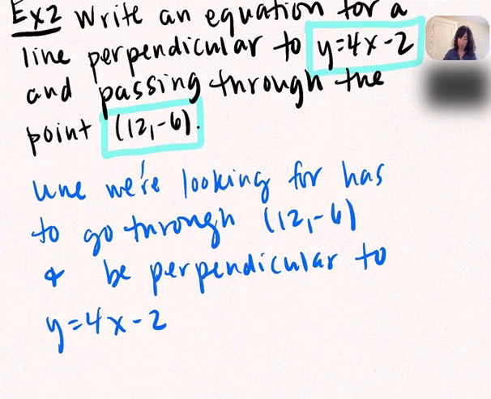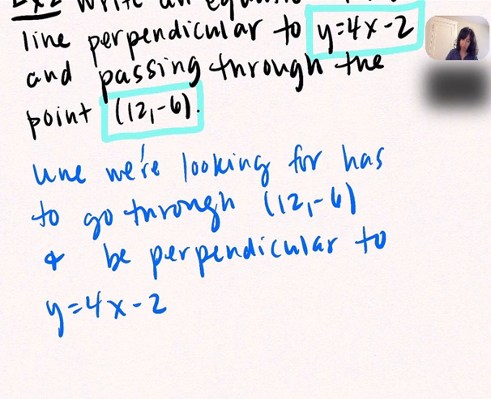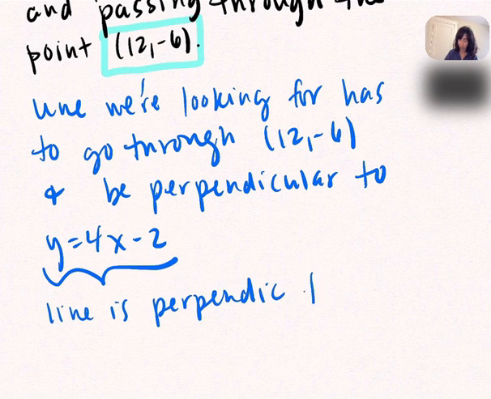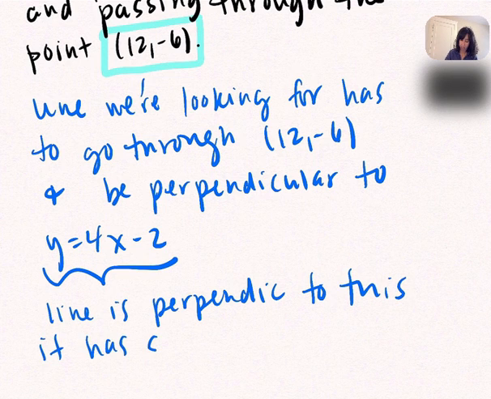So let's talk about what it means for the line to be perpendicular to this one. If the line is perpendicular to this, it has slope equal to -1 over the slope of this line.